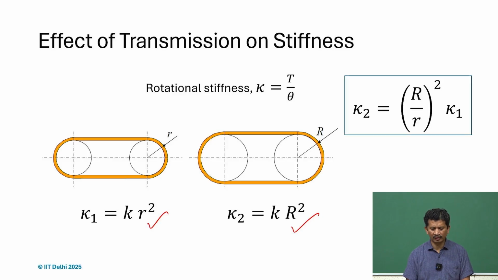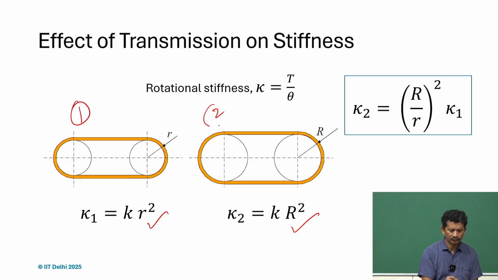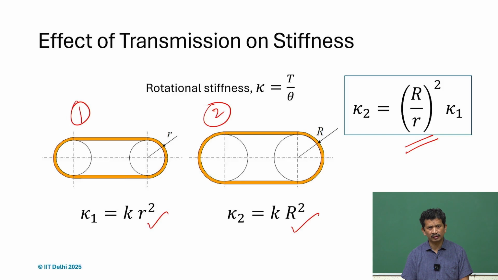So, if we simply compare the two designs, 1 and 2, where a small r is smaller than capital R, what we realize is that the rotational stiffness of the larger pulley is way higher, it is capital R by small r square.